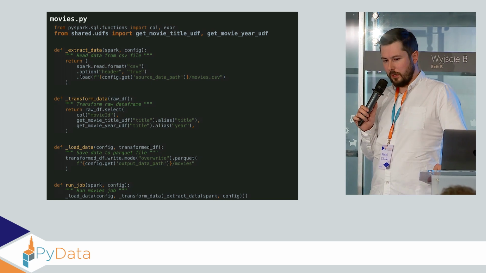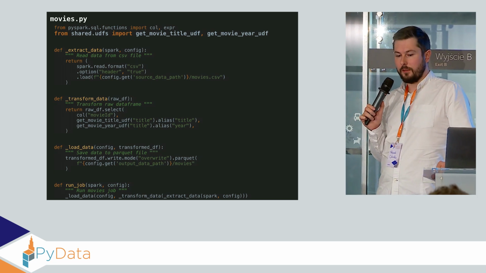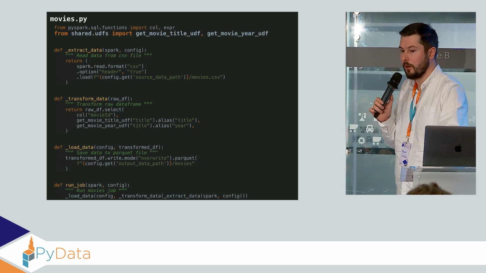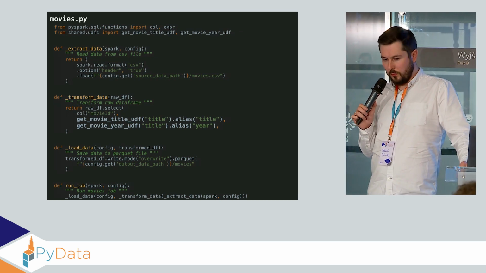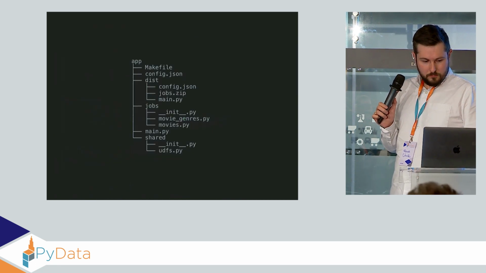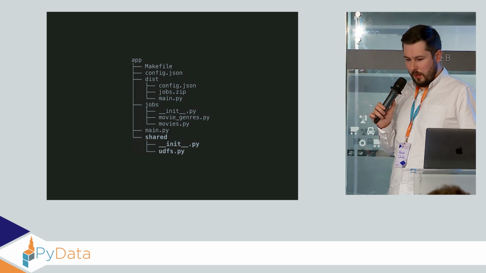So now I need to use these UDFs in our job. Here we can see that I'm importing the UDFs module that I've added inside the shared package. So basically it's inside the shared directory in our app, and I'm using these two functions here. Again, in our application structure, we have the shared directory.